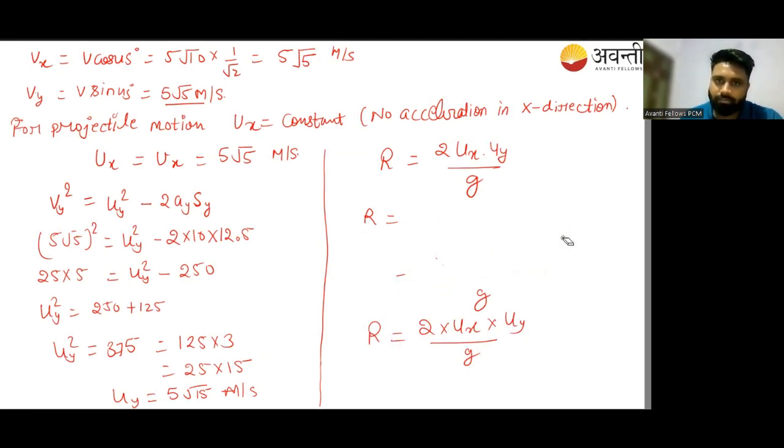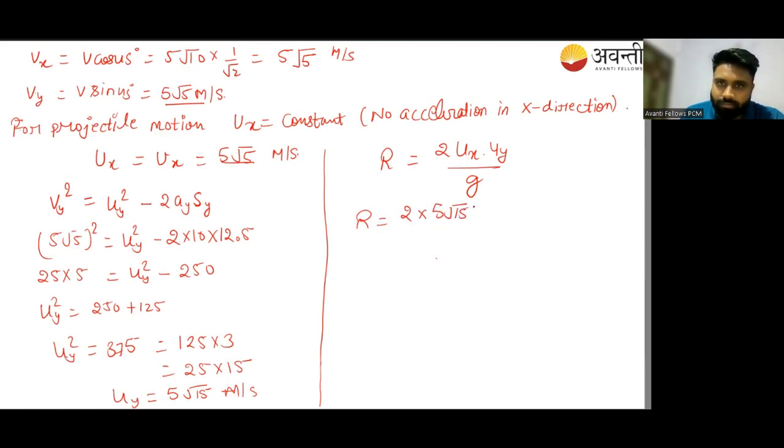Now, if you try to calculate the value of range, the range here is 2 times, what is the value of ux? Ux is 5 root 5. What is the value of uy? It is 5 root 15, or you can say 5 root 5 into root 3, divided by g, which is 10. So 2 fives are 10, 5 and 5 cancel out.